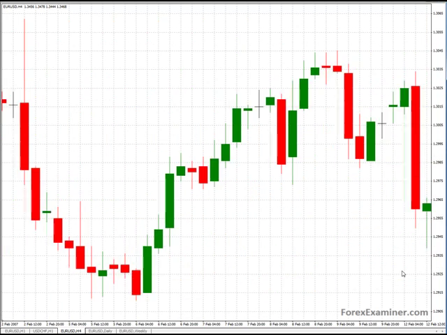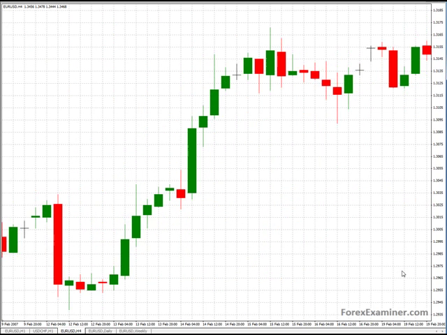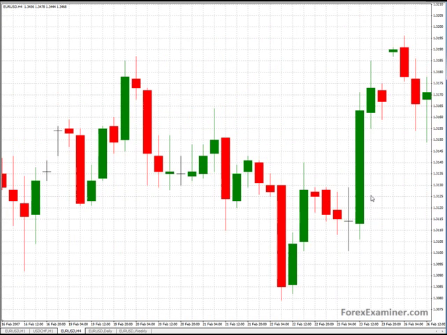Let's see if we can find ourselves another nice big one somewhere. There's a slight one there, and that slight one gets filled. When you start looking at trades that have a high probability of recurrence, then in this particular case, and not in all markets, but in the Forex market, you'll find this to be pretty reliable.